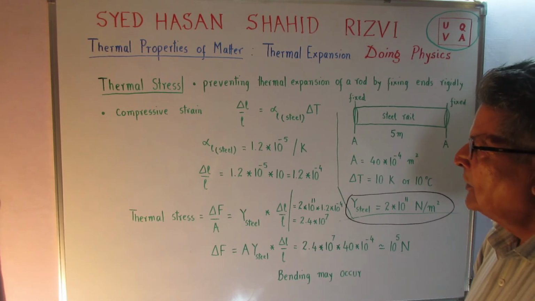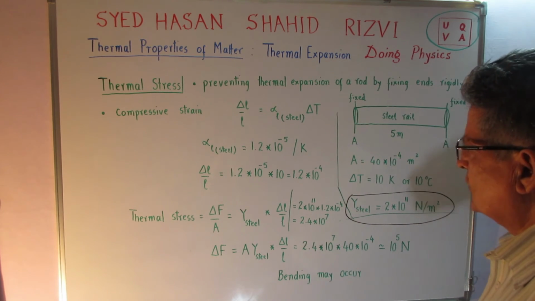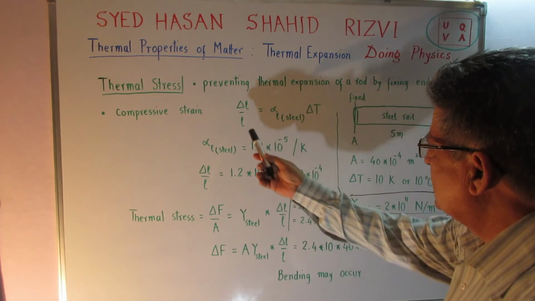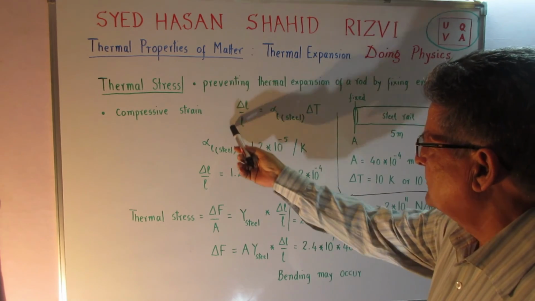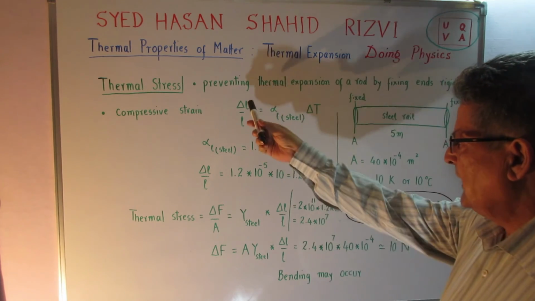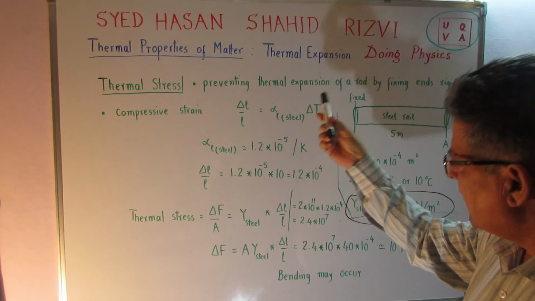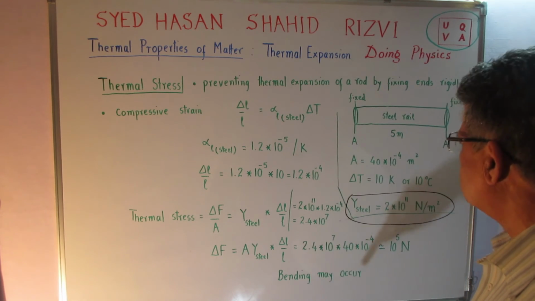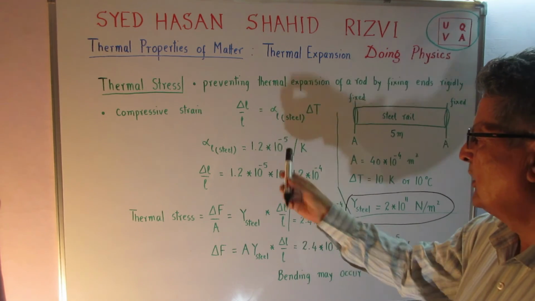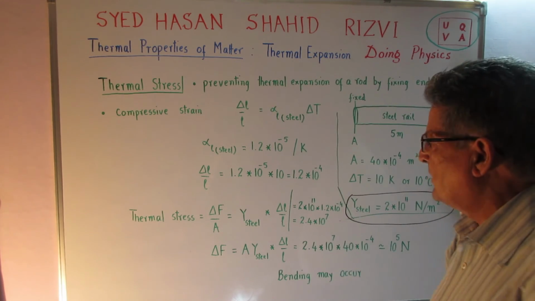Now of course, if it was allowed to expand, then there would be a strain. Delta L upon L is equal to alpha L of steel, which is also given to us. Alpha L of steel is taken as 1.2 into 10 to the power of minus 5 per Kelvin.